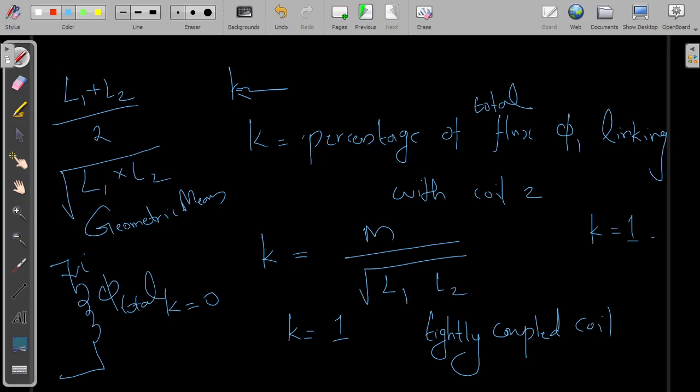Then we have another coil somewhere at infinity, so the flux phi total produced by coil 1 is in no way linking coil 2. In that case we will get K equal to 0, and we call it magnetically isolated.